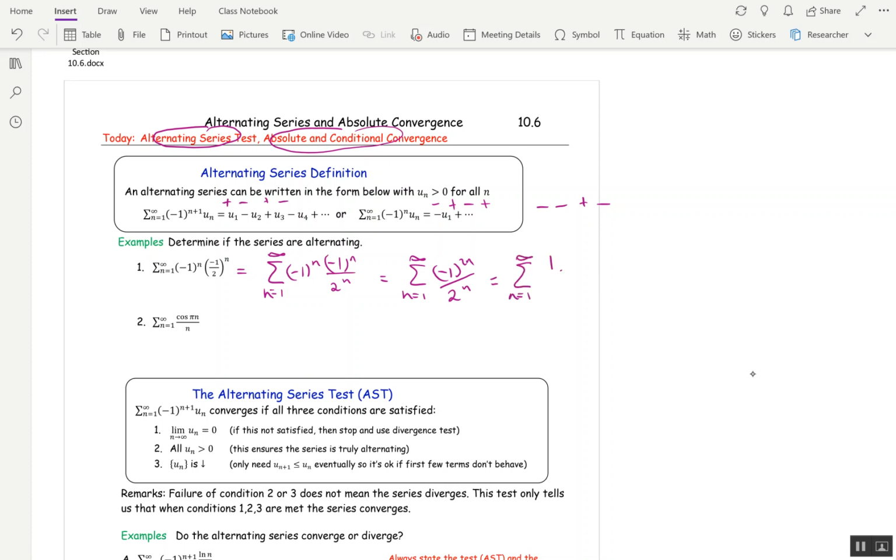This is just 1 over 2 to the n, which is 1 plus 1/2 plus 1/4, and so on. There are no negative terms. It's definitely not alternating.